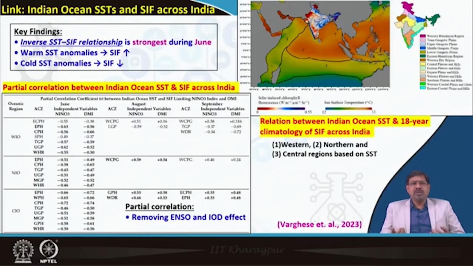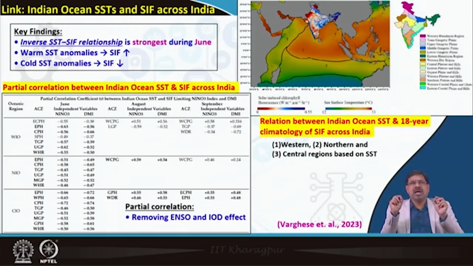She tried to remove the impact of many of these oceanic phenomena, as we discussed in terms of ENSO and IOD, by doing some partial correlation analysis, and then came to a good indicative conclusion that is published.